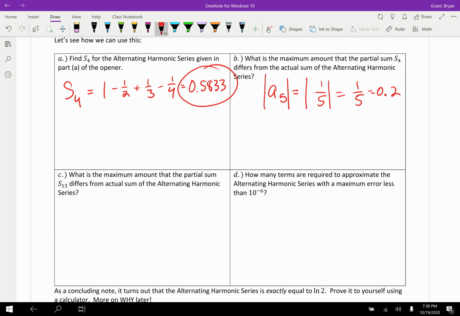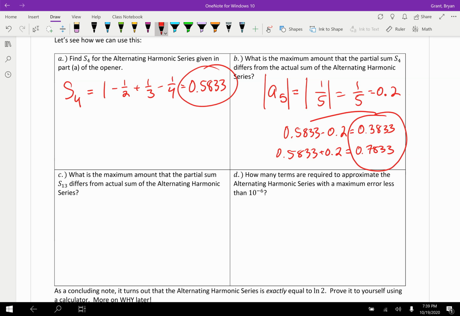So this is the largest that I could be off by. Now, technically, if you didn't know what was happening here, you could say that 0.5833 minus 0.2 would be 0.3833, and 0.5833 plus 0.2 is 0.7833. You are 100% confident that the actual sum of the alternating harmonic series falls between those two, right?